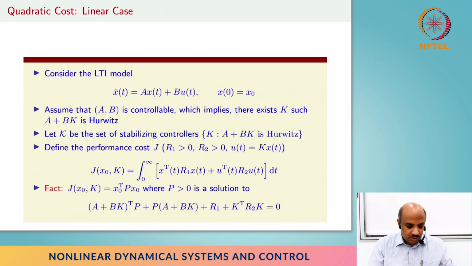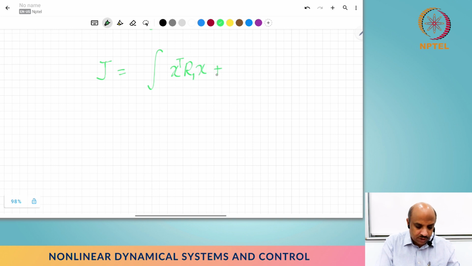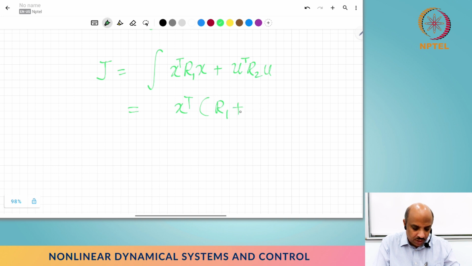Again, something that we have seen, but I want to remind you how this works. So we have J equal to the integral of x transpose R1 x plus u transpose R2 u. Since u is Kx, that gives x transpose times (R1 plus K transpose R2 K) times x, integrated from 0 to infinity dt.